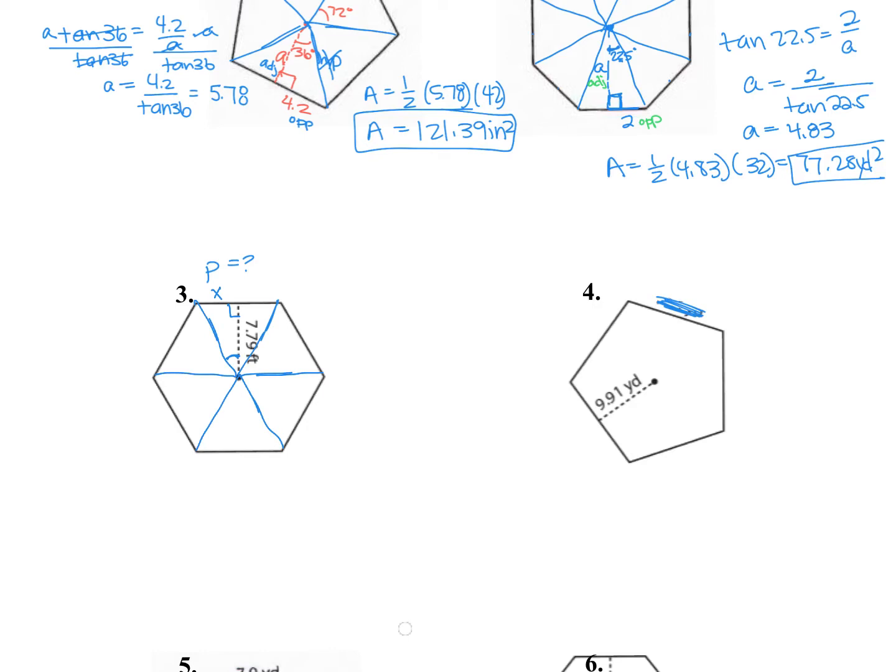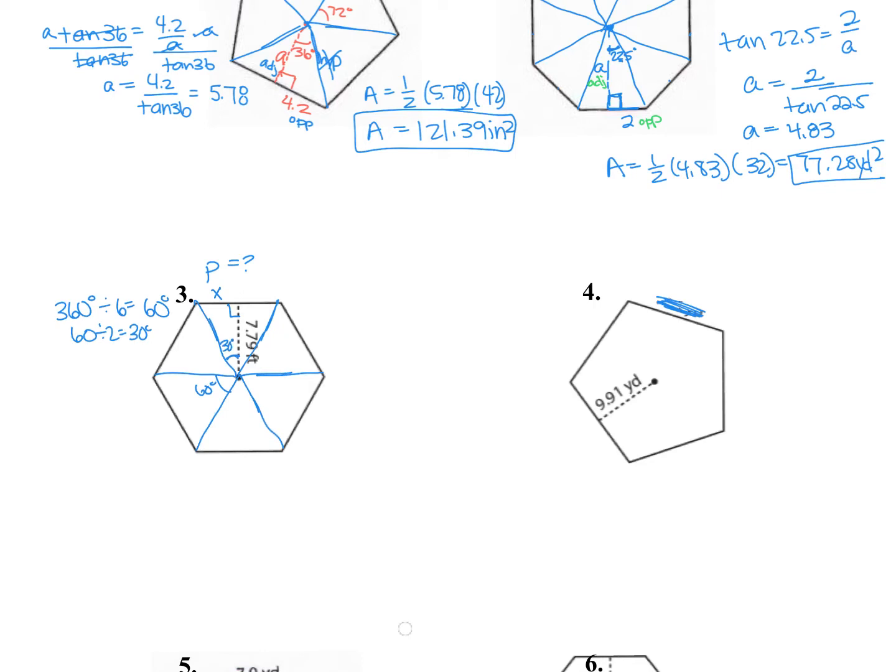So this is a hexagon, so there's 360 degrees around the center, divided by my 6 sides, or my 6 triangles, and that gives me a 60-degree angle, 6 of those all the way around my center. But I'm only using half of that angle, so 60 divided in half would of course be 30. So this angle right here is 30 degrees.